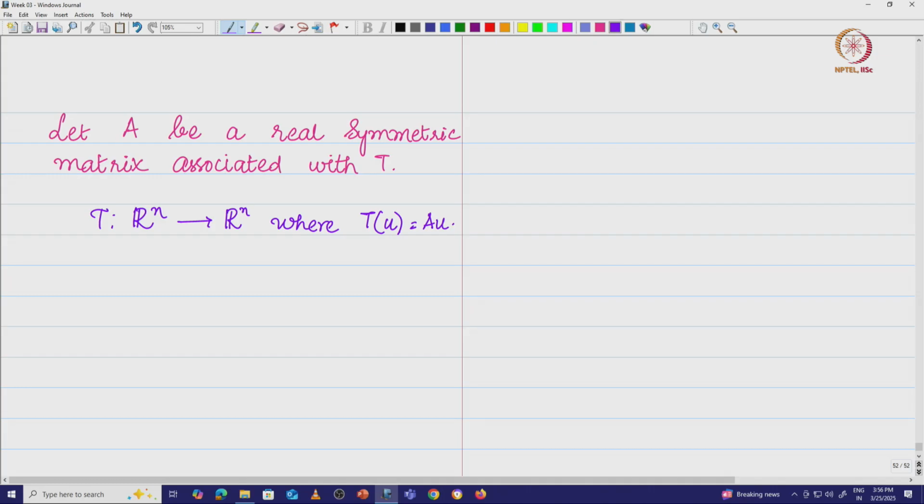What is the thing that we are going to say? We say that T is symmetric if A is the symmetric matrix associated with this transformation T. T is a symmetric transformation. Suppose we consider u and v elements of Rn.